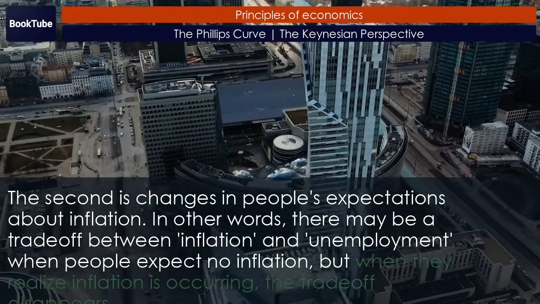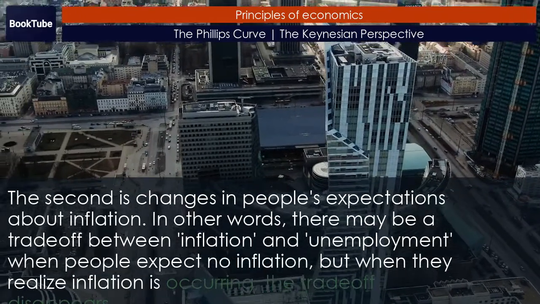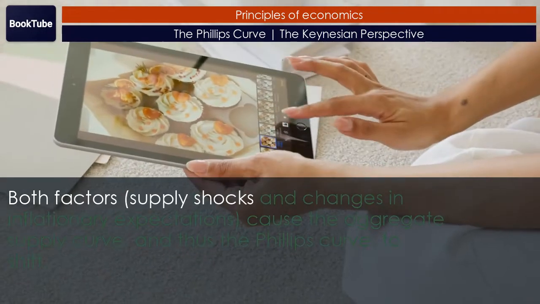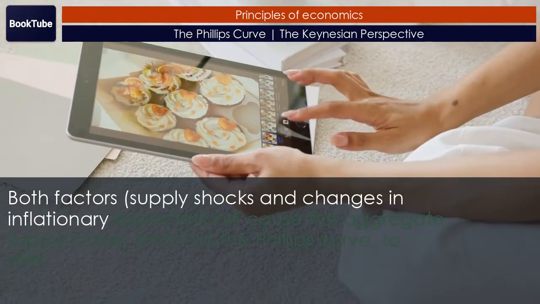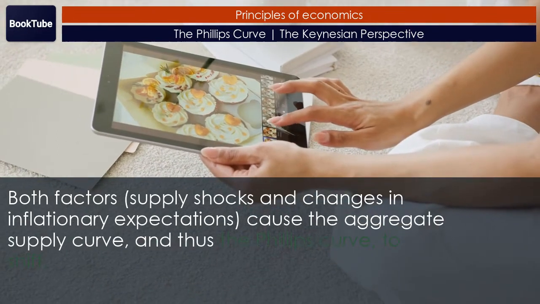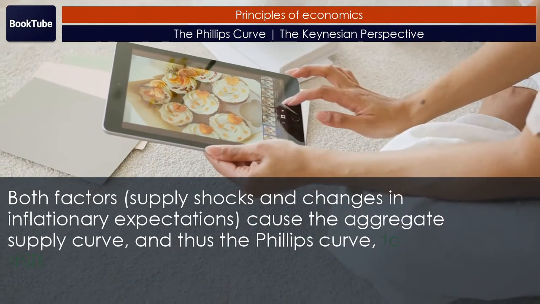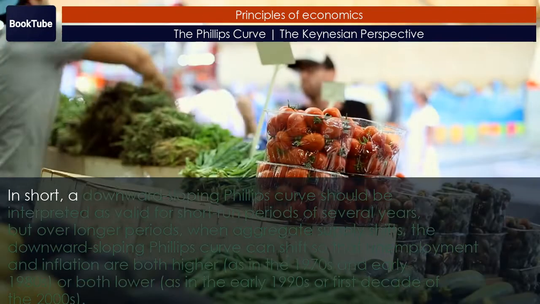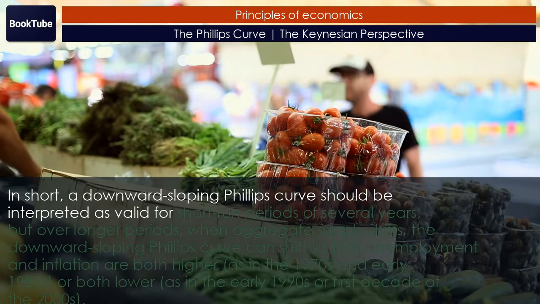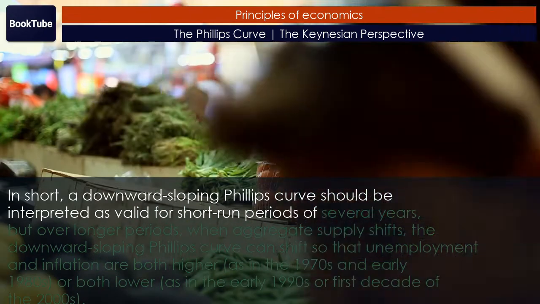But when they realize inflation is occurring, the trade-off disappears. Both factors, supply shocks and changes in inflationary expectations, cause the aggregate supply curve, and thus the Phillips curve, to shift. In short, a downward-sloping Phillips curve should be interpreted as valid for short-run periods of several years.